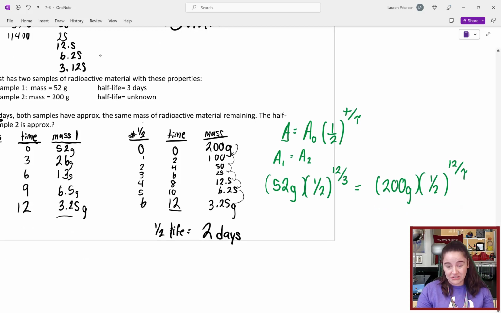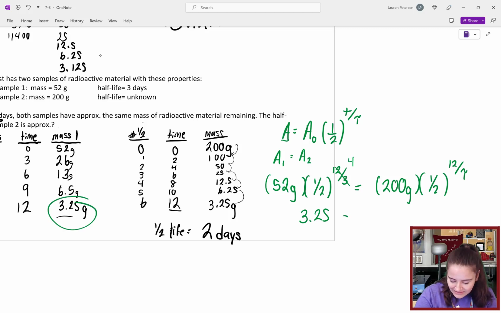Then it just becomes a complicated algebra problem. 12 over 3 is 4. So 52 times 0.5 to the 4th gives us 3.25, the number of grams that we had remaining, equals 200 grams times 1/2 to the 12 over tau.